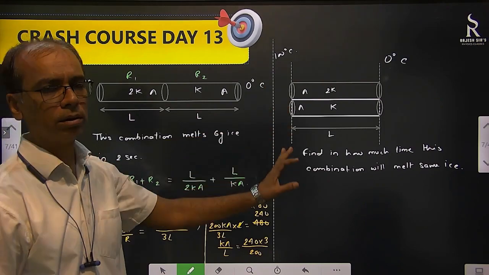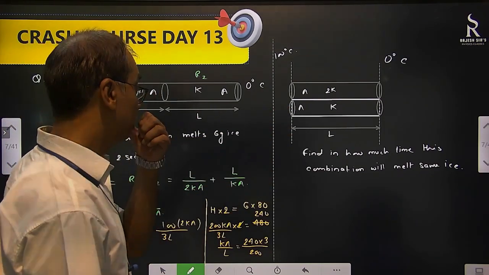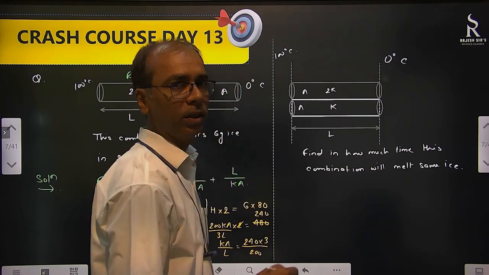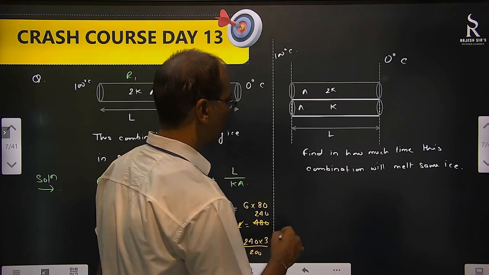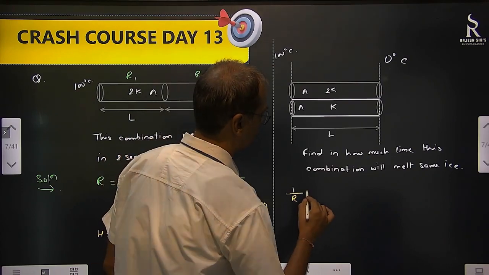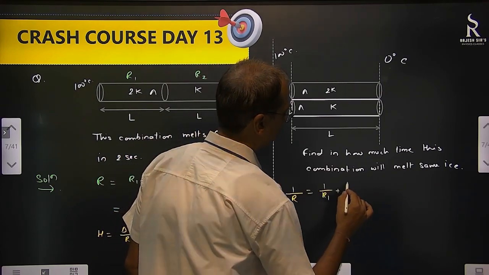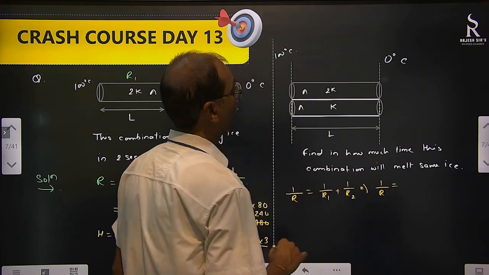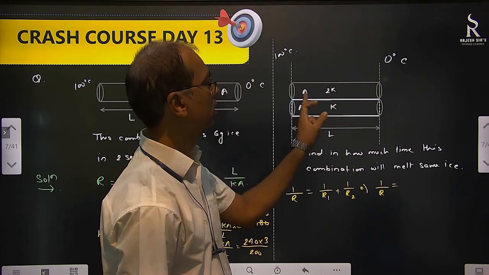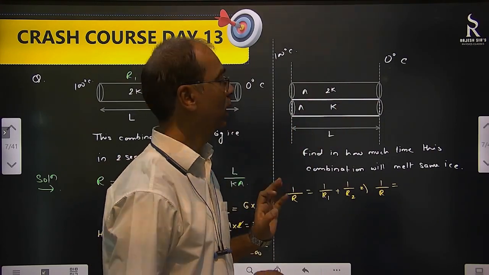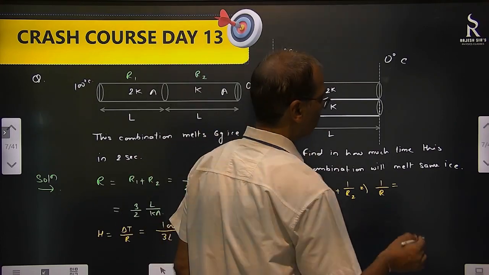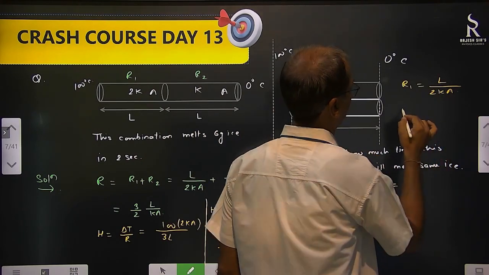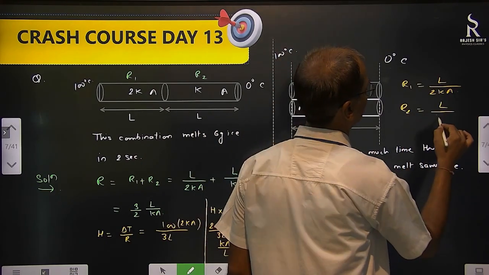Now here is the parallel combination. In parallel combination, we also know that 1 by R equal to 1 by R1 plus 1 by R2. R1 is L by 2Ka and R2 is L by Ka.